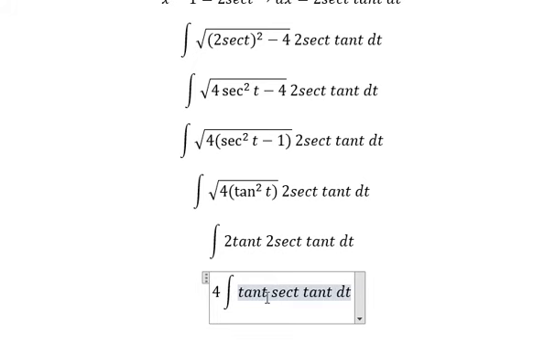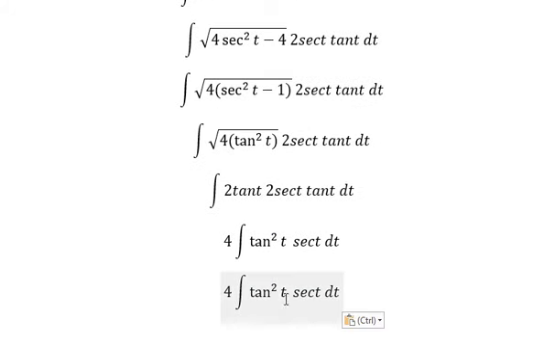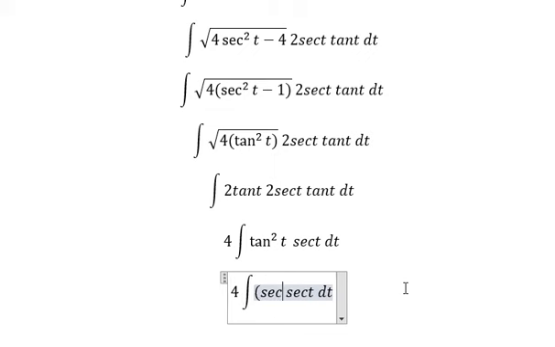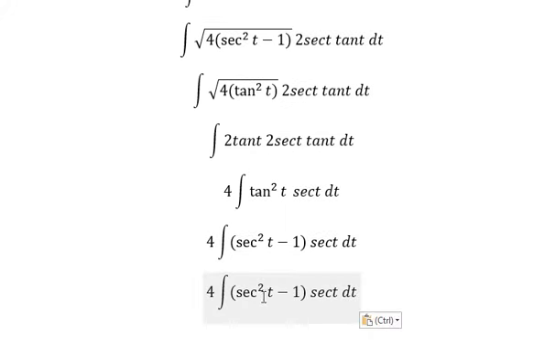Tan t and tan t, you got tan t square. Tan t square, we change for secant of t square minus 1. Secant of t multiply with this one and this one.